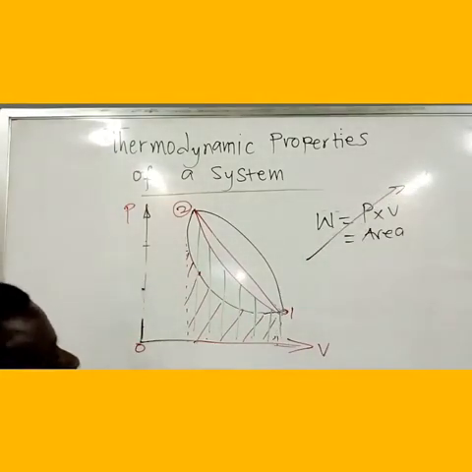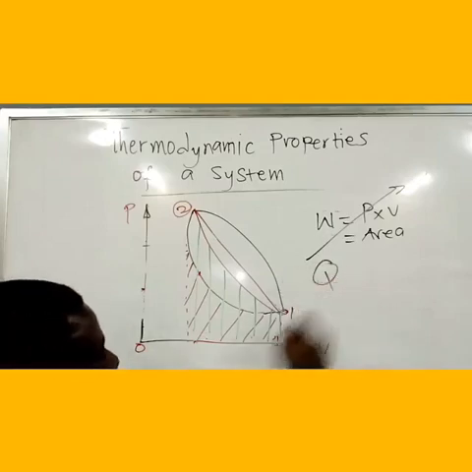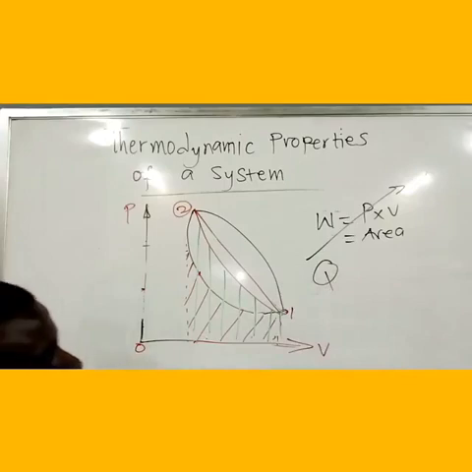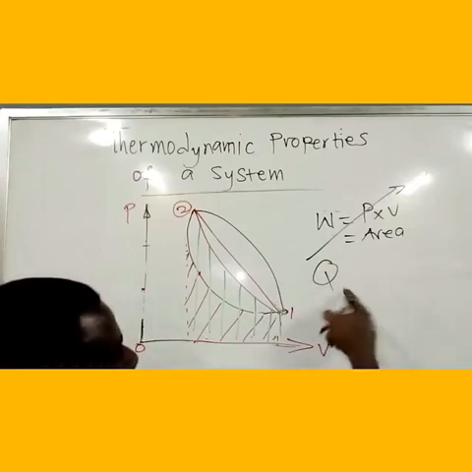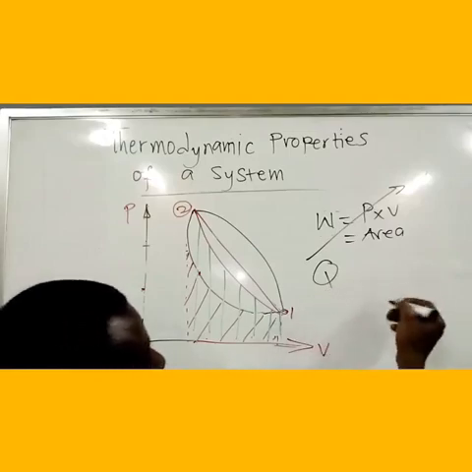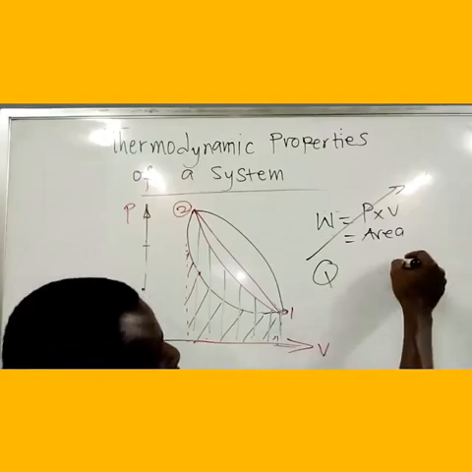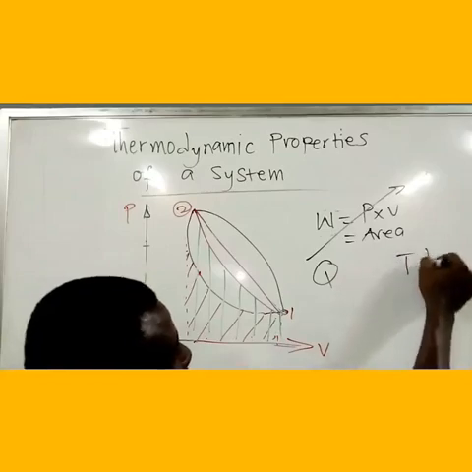Let's look at another quantity we mentioned in the definition of thermodynamics: heat. Heat, according to the second law of thermodynamics, is written as the product of temperature and the change in entropy.